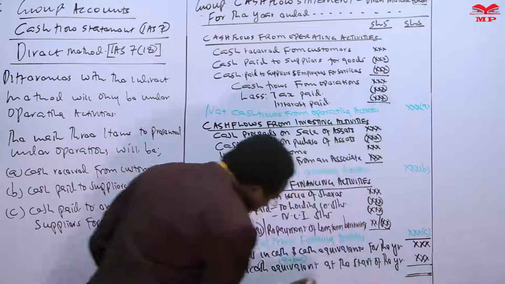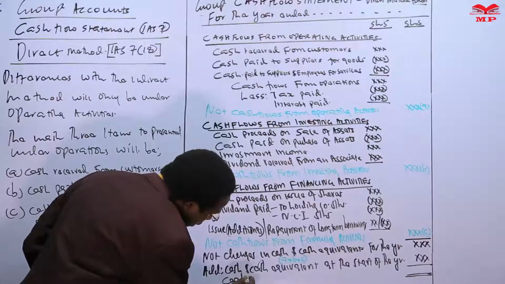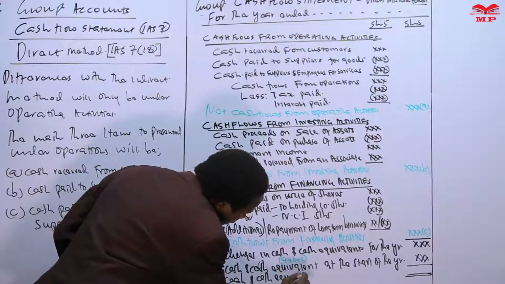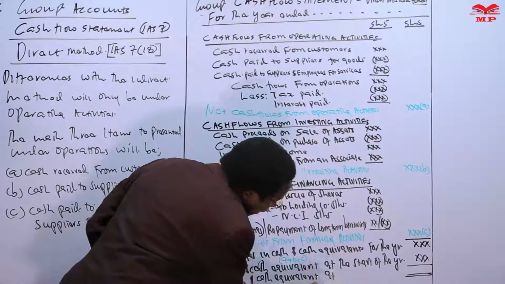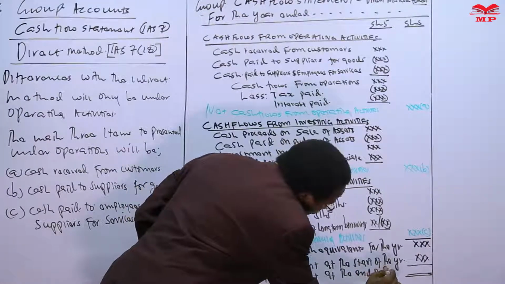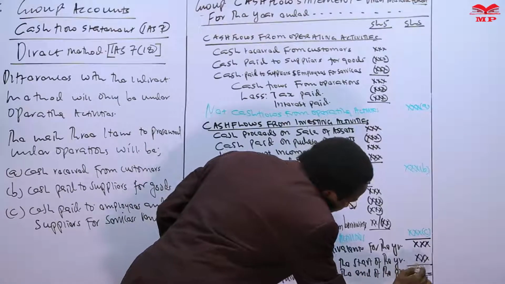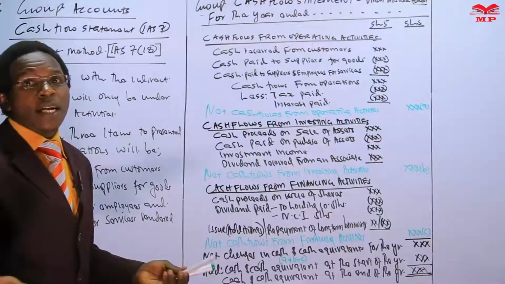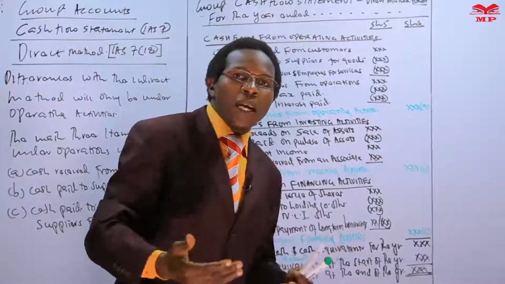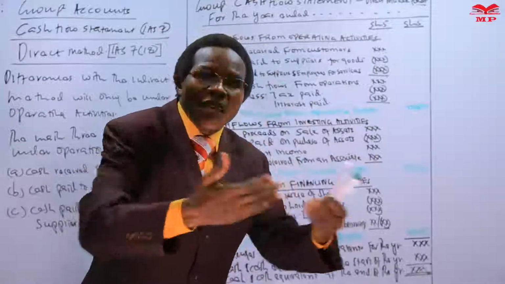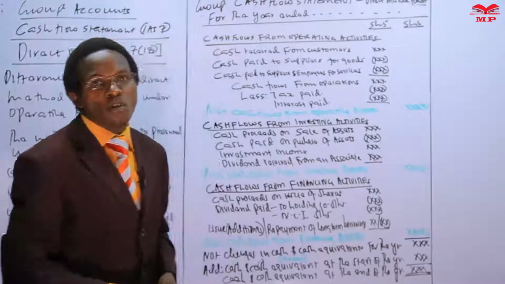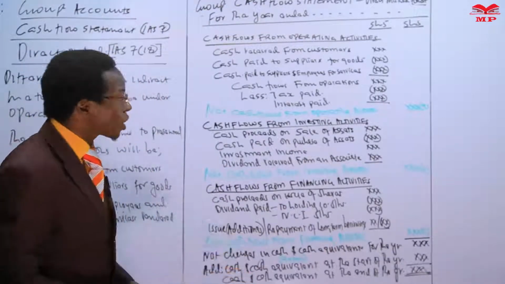Then you'll end up having cash and cash equivalent at the end of the year. So that is the position. Remember, cash and cash equivalent is simply the cash balances, the bank balances, taking into account other cash equivalents, and also adjusting with the bank overdraft if you have it.